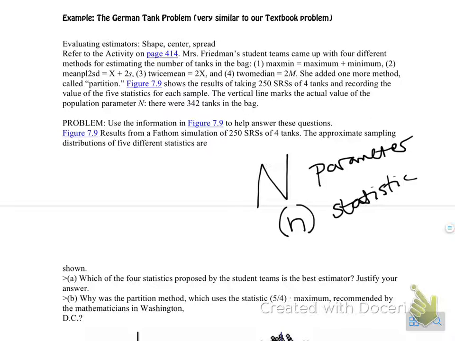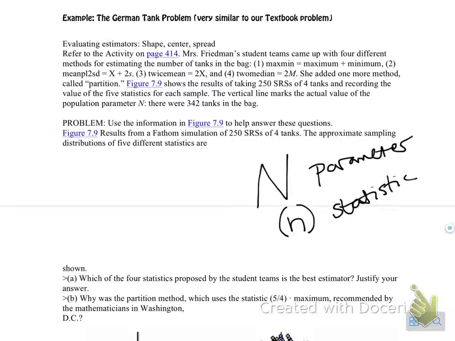I have some data on the next page, which you can look at, that shows data from another class who did a similar activity to what we did. The teams in the teacher's class came up with 4 different statistics to estimate the number of tanks.